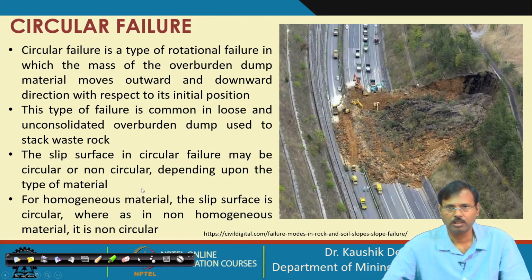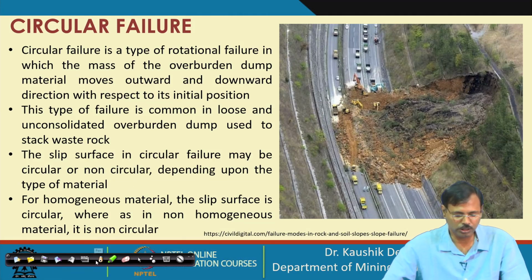We have seen there are mainly three to four types of slope stability analysis carried out. The planar failure, wedge failure and circular failure are the main ones. Toppling failure is also there. Planar failure, wedge failure and toppling failure we have already covered. Now it is circular failure that we are discussing.